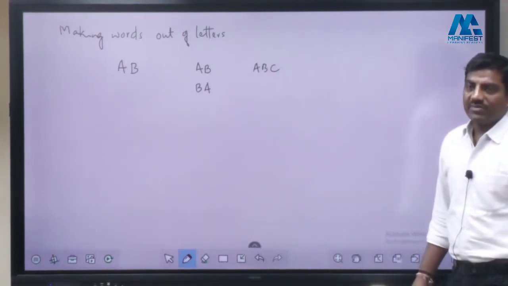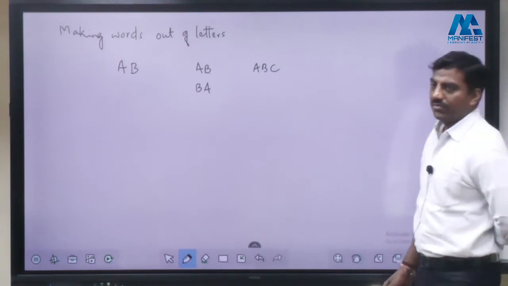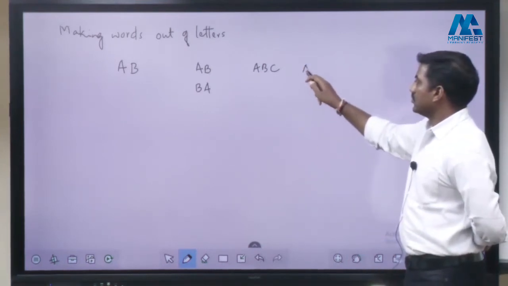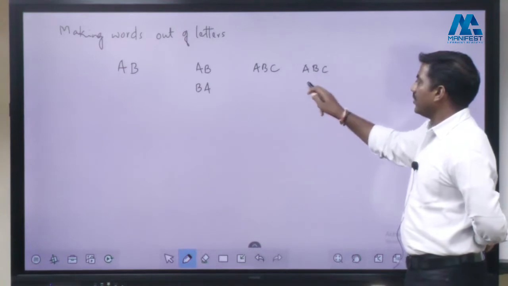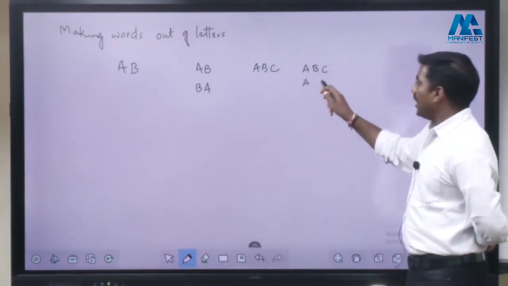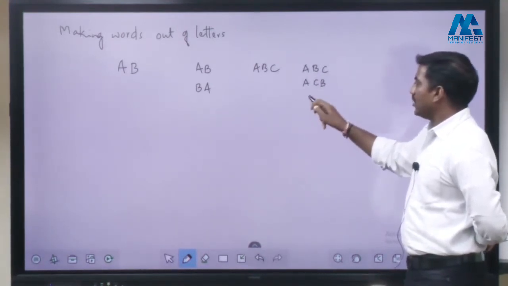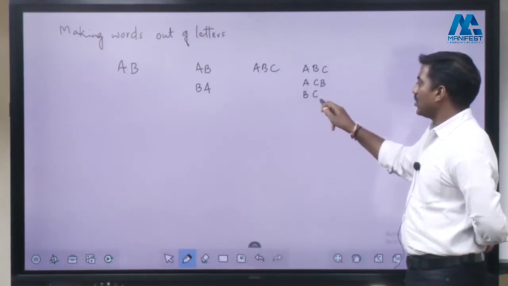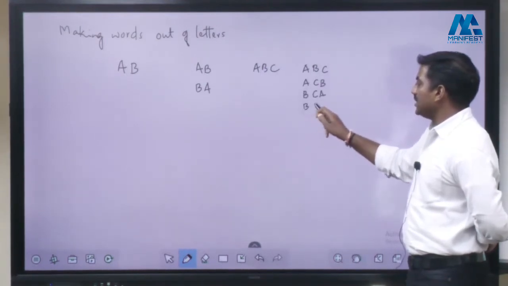Out of 3 letters A, B, C, how many words can be made? Put A, B, C. Keep A, interchange B and C. Now take B. Keep B and interchange.